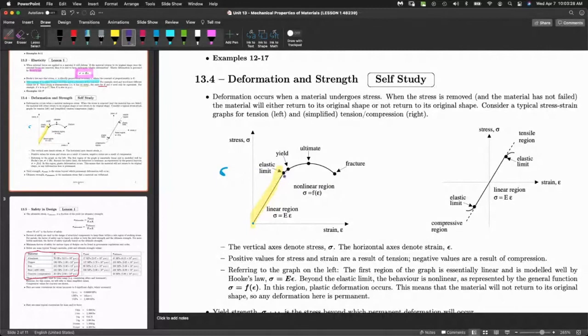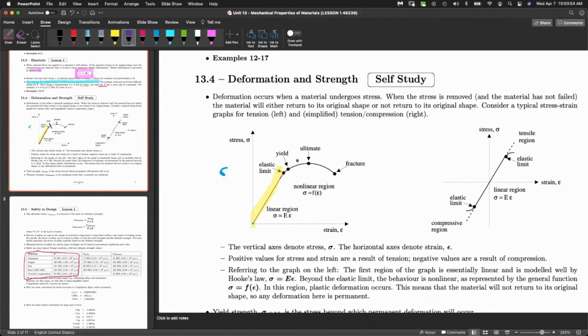There are two regions here: a straight line region and a curved region. Those regions collectively represent an elastic region. After this point here, if you were to apply certain stress, the material would have a permanent deformation. It would literally change.